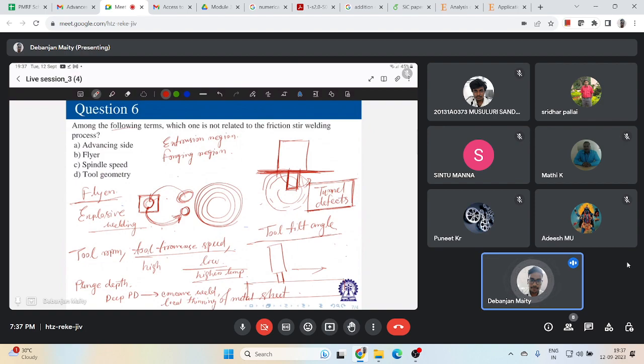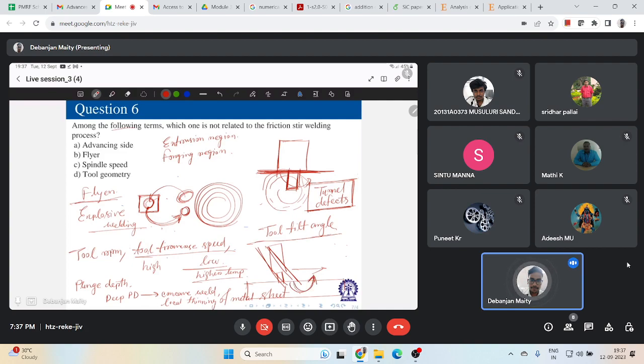And if it is very high, it will penetrate the workpiece material and more material will get pushed upward.